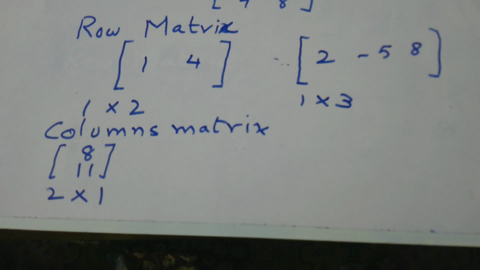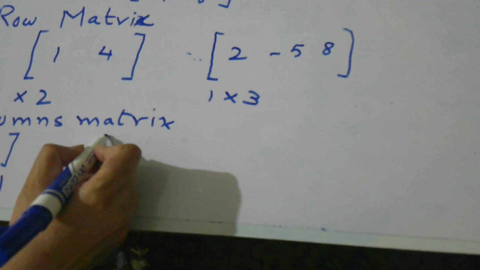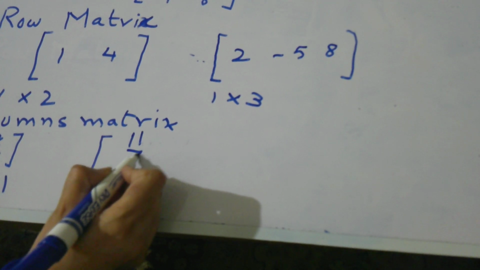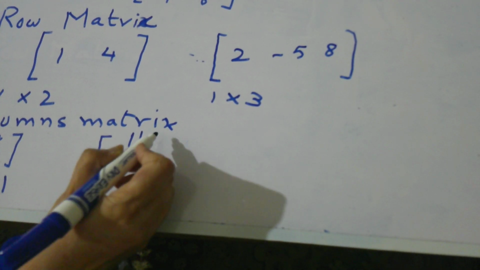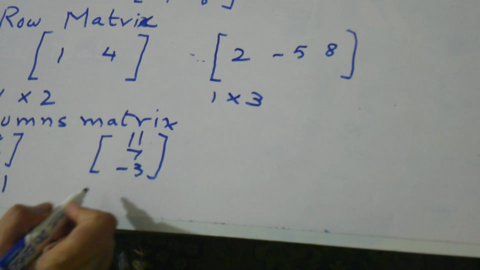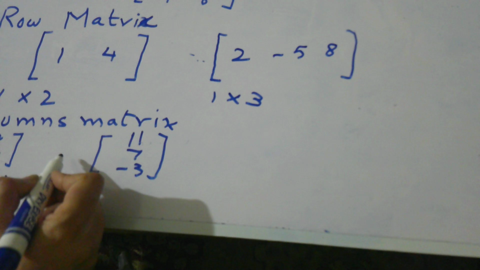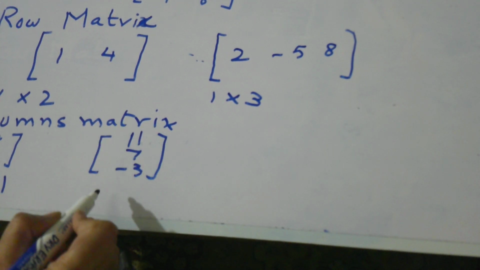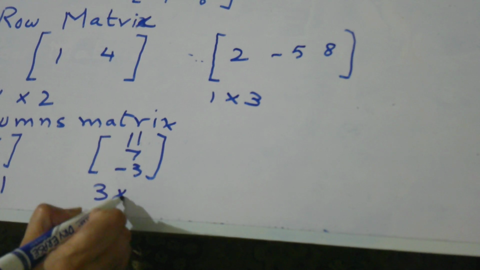And here I am giving you a second example: 11, 7, minus 3. Now the order of this column matrix is 3 rows and 1 column, so the order will be 3 multiplied by 1.